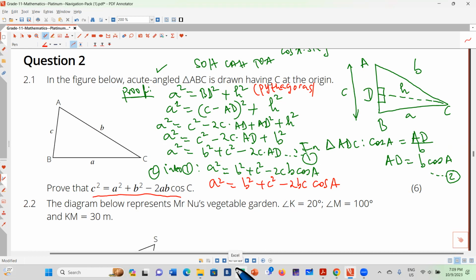Therefore, I'm going to leave this one as an exercise. You need to prove that c squared equals that, because we proved the result for a squared equals that, but they wanted c squared equals that.